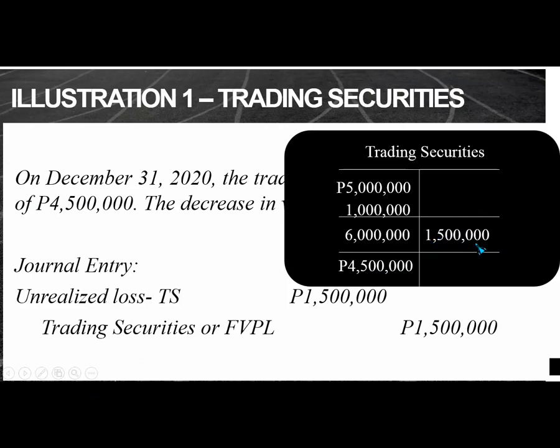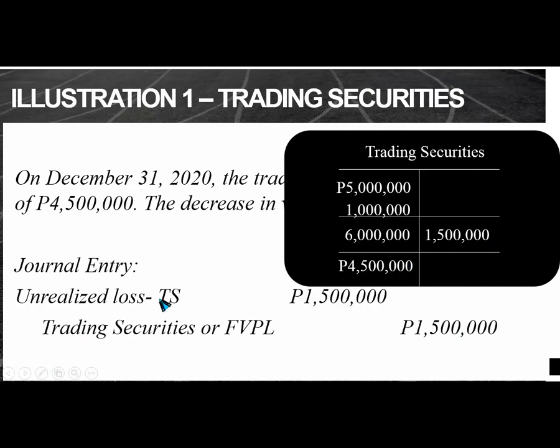And how are we going to record that? So, i-debit natin ang unrealized loss trading securities at 1.5 million, credit trading securities or FVPL at 1.5 million. So ano nangyari? Yung trading securities natin bumaba. So that's why we are only reporting now 4.5 million.